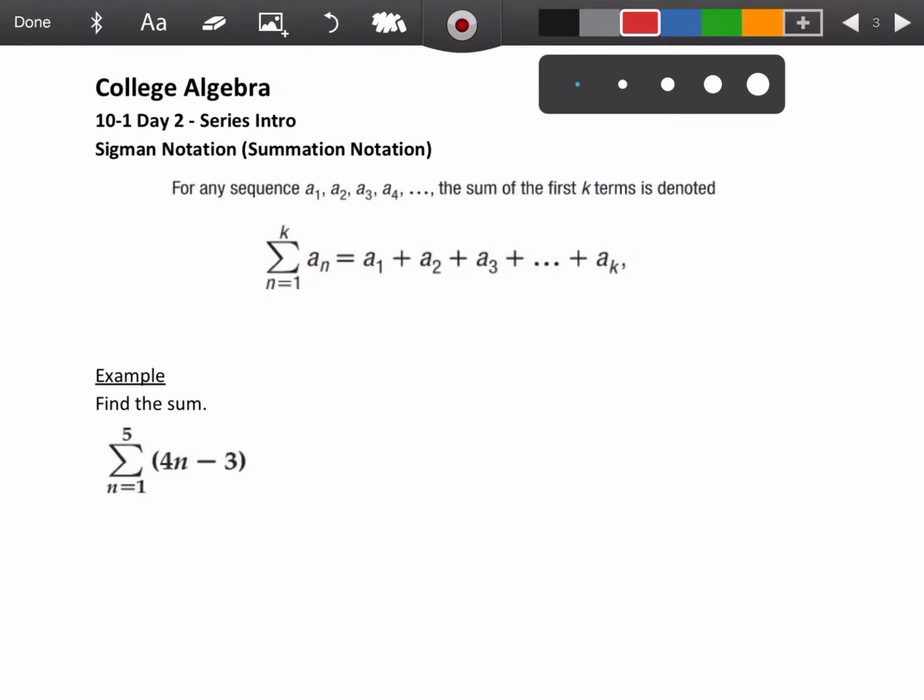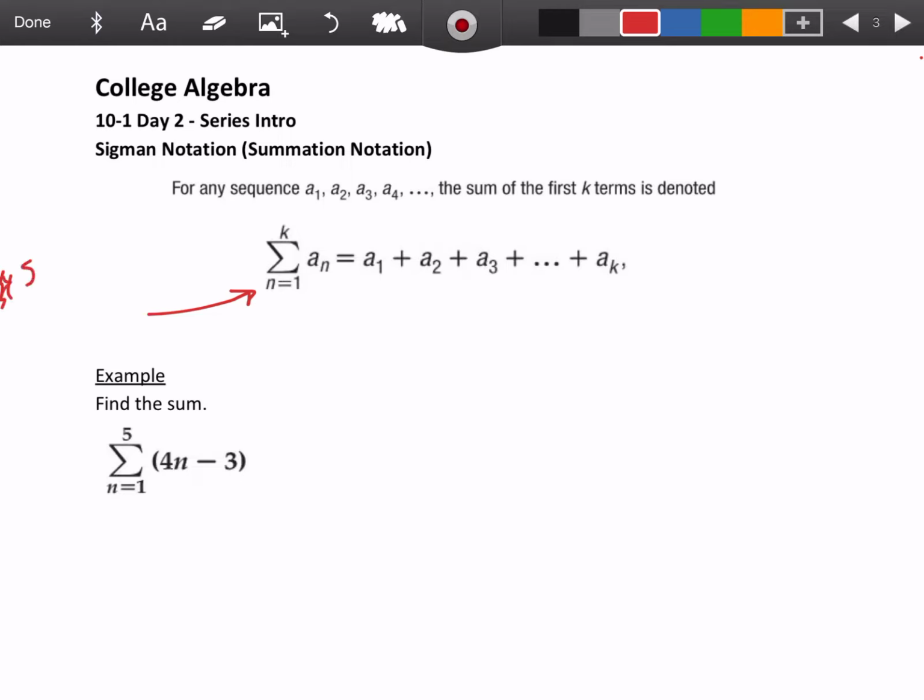Now moving on to sigma notation. This is just kind of a different way of writing a series, a different way of looking at it. Kind of some shorthand here. We always do our, I don't want to say first term of the sequence, I'm going to say starting term. So you can start at the first term, or let's say we don't want to start at the first term, we want to start at the 5th term.